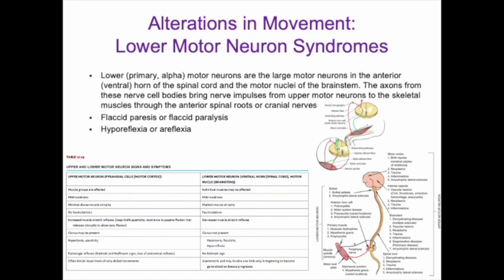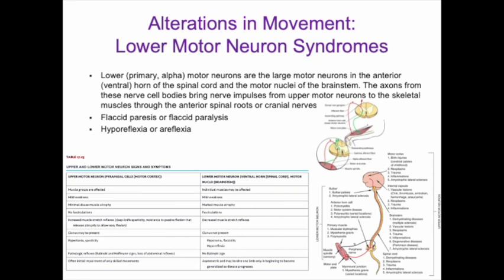So if only some of the motor units that supply the muscle are affected, then you only have partial paralysis or paresis. But if all the units are affected, then you're going to have complete paralysis that will result. The clinical manifestations that you might also see are proportional to the degree of the dysfunction itself. But the precise manifestation will depend on the location of the dysfunction in the motor unit and within the CNS.